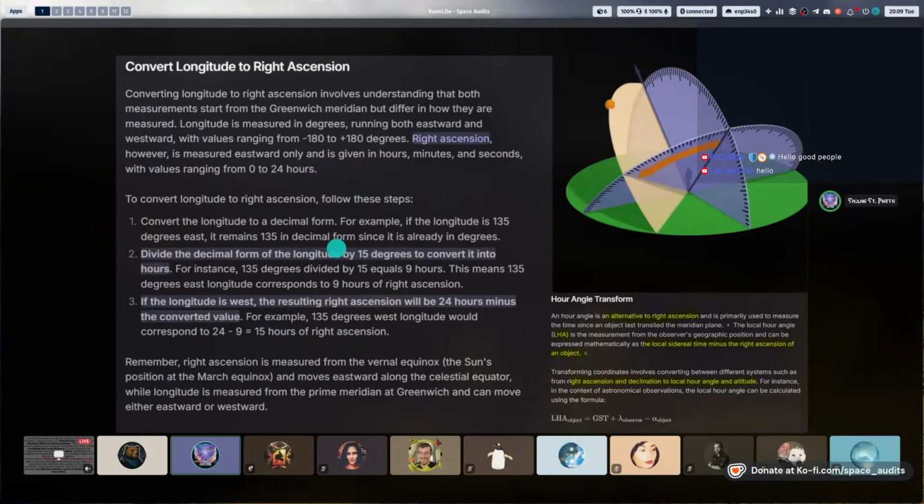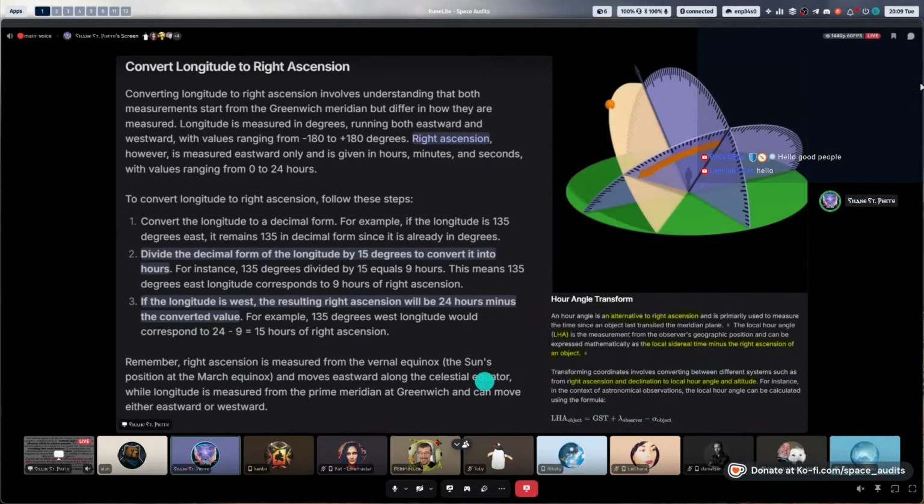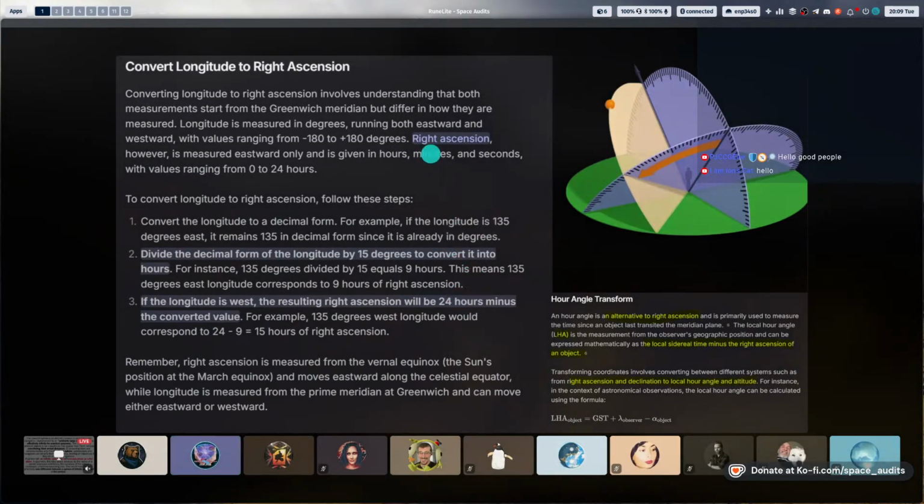Declination is like elevation, so it's just in degrees, right? But right ascension is in time, so it's like hours, minutes, seconds. So that's how they represent that. When you're converting, you're converting right ascension to longitude and declination to latitude.